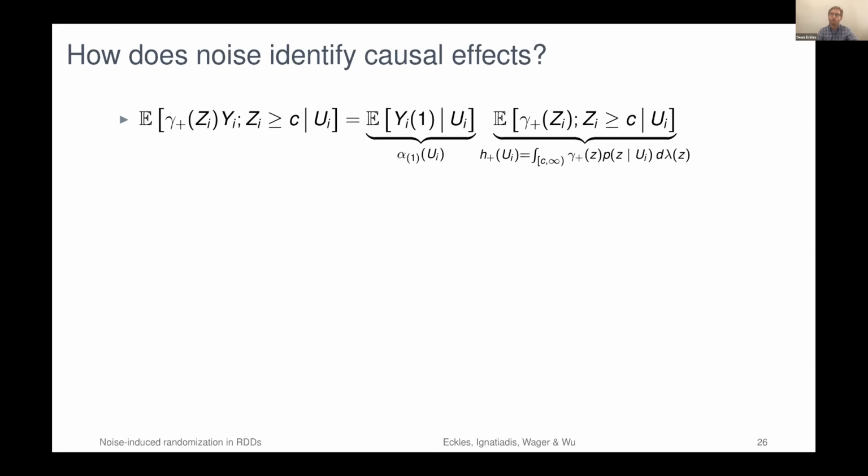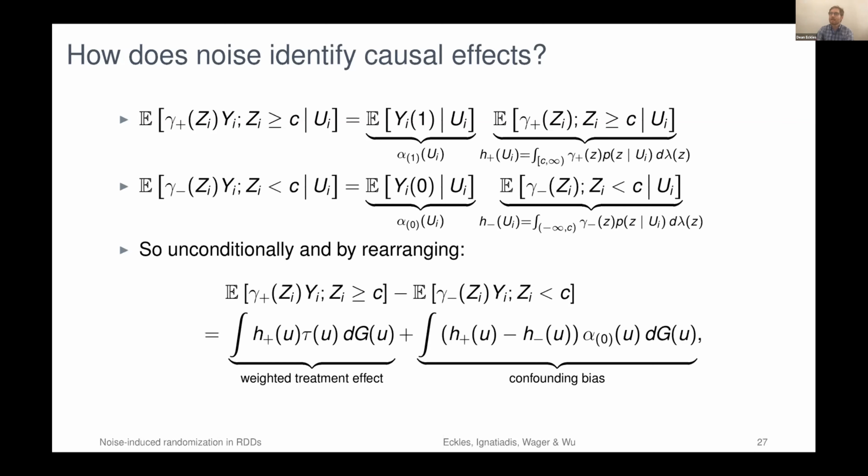In this case, this is alpha 1, because it's the case for treatment. And then how much are we weighting the mean outcomes as a function of the latent variable? Well, that's where we get these H's, the implied weights over the latent variable. These are implied by the weighting function gamma that we've selected. We have the same thing also for the control case.